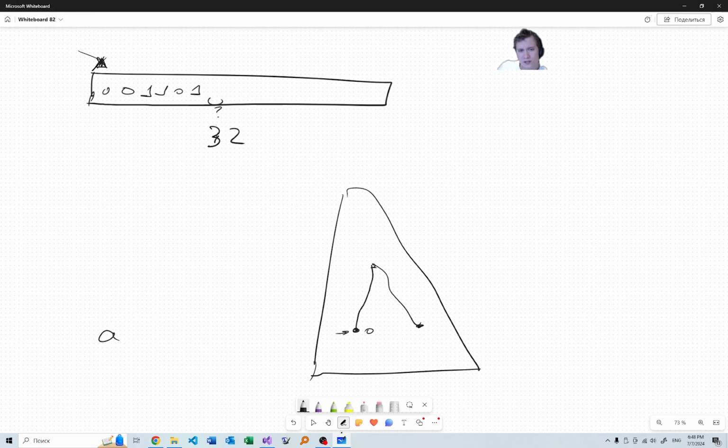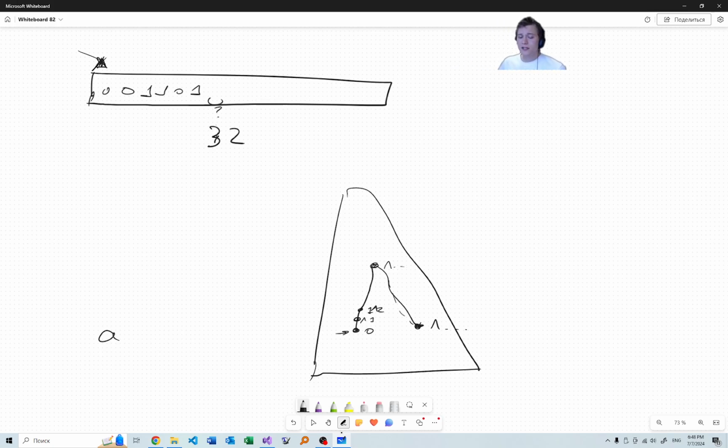This XOR 0, this XOR 1, this XOR 2, etc. This XOR something, and then these XORs. So how can it be done? Firstly, let's just find the sum on this path.